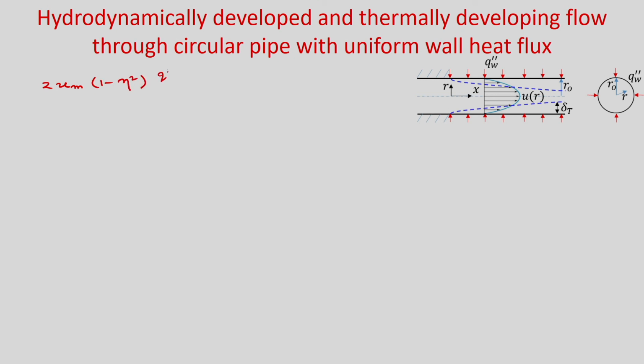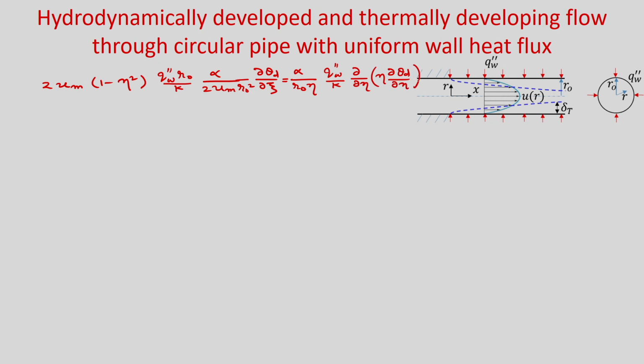Then you have q double prime w r naught by k, then you have alpha by twice u m r naught square del theta d by del zeta is equal to alpha by r naught into eta q double prime w by k del of del eta into eta del theta d by del eta.